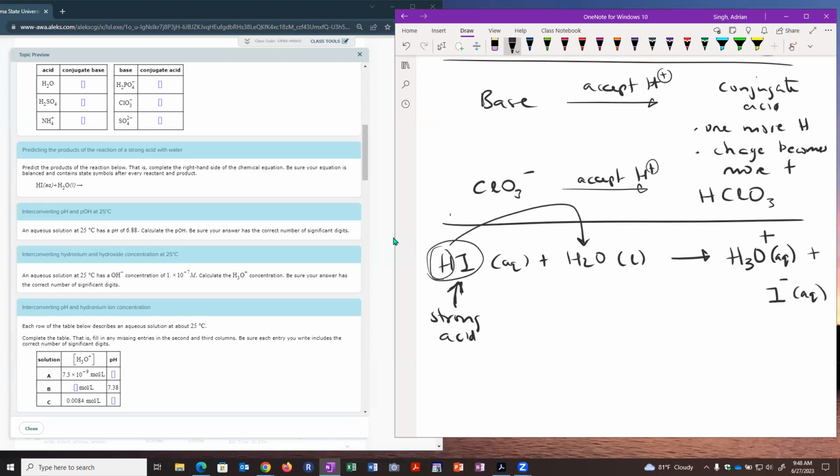So we're taking this here and we're splitting it, right? Because acids are going to do what acids do, donate H plus. And the conjugate base of this ends up being I minus. H plus goes and grabs hold of the H2O to make the hydronium ion. And this makes sense because if this is acting as an acid, it is going to produce the hydronium ion.